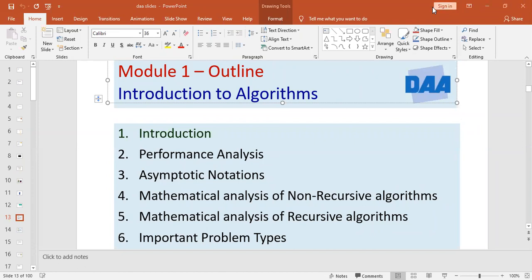So can anybody define algorithm? Can you tell what an algorithm is? Kindly send it in the chat box.